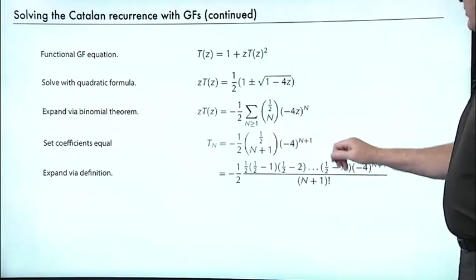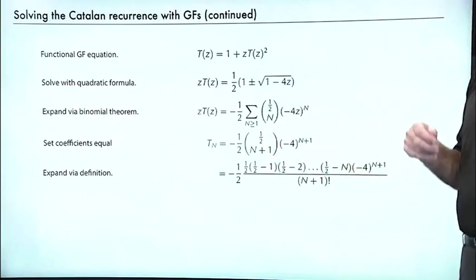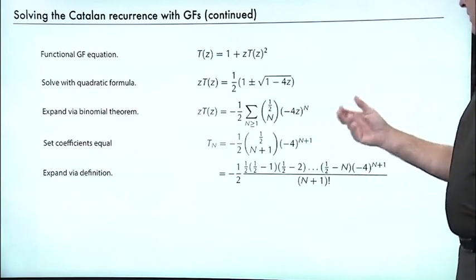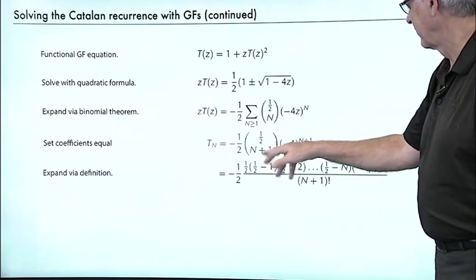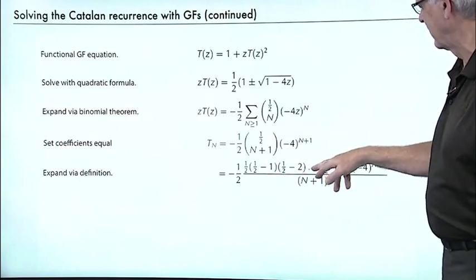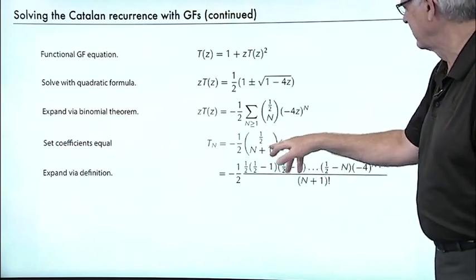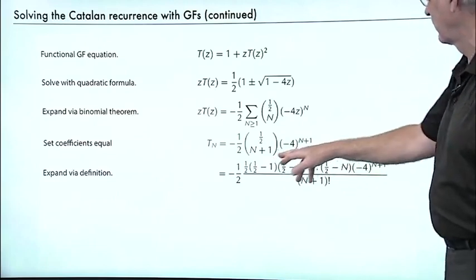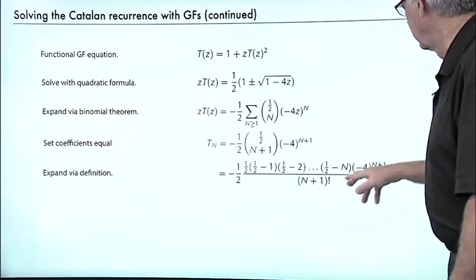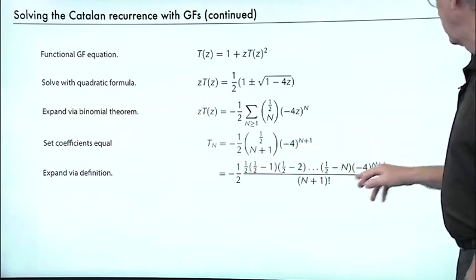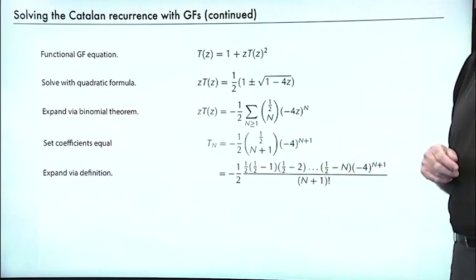This is the definition of the binomial coefficient, for any binomial coefficient: on the bottom is n plus 1 factorial, and on the top is n plus 1 terms where we subtract 0, 1, 2, all the way up to n. So that's just the definition. And there's the minus 1/2, and there's the minus 4 to the n plus 1.